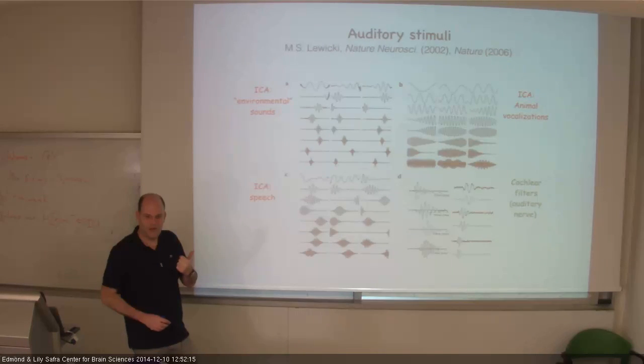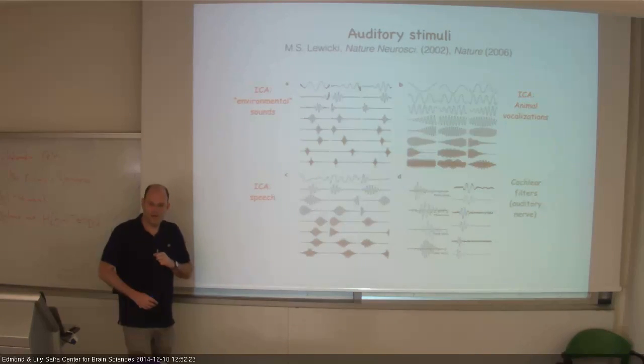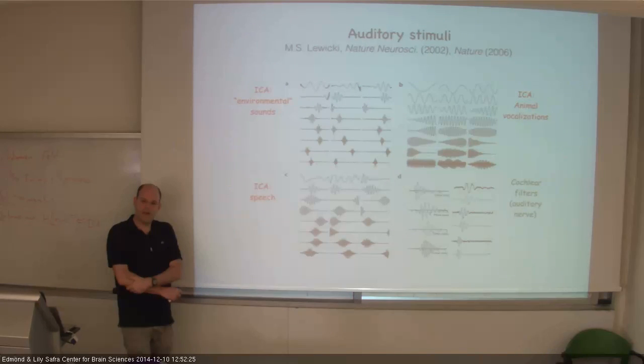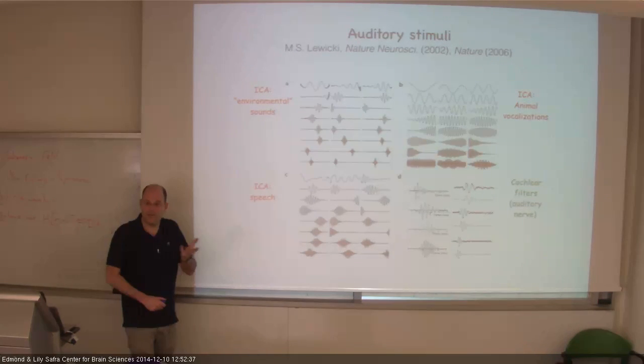Do you know why it's more elusive for odors? No. So the answer has to do with the statistics. For images especially, but to some extent also for auditory stimuli, we have a good notion of what is natural statistics.